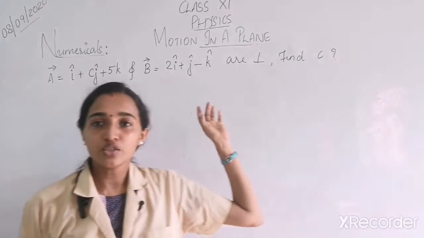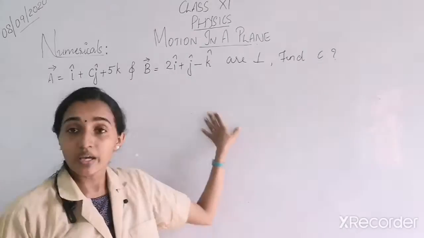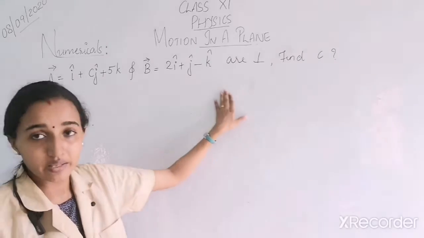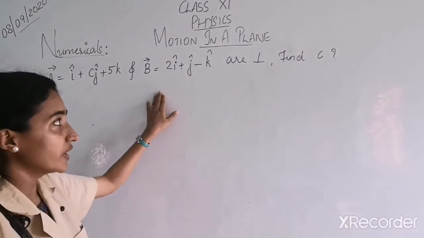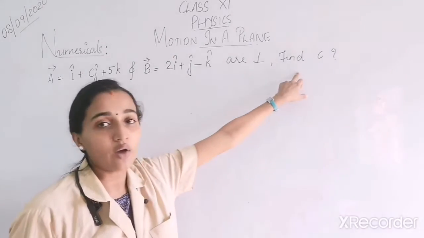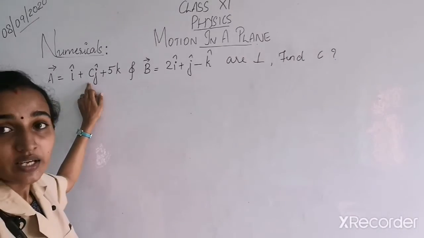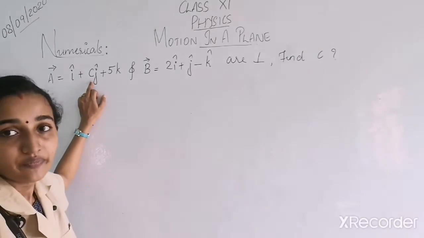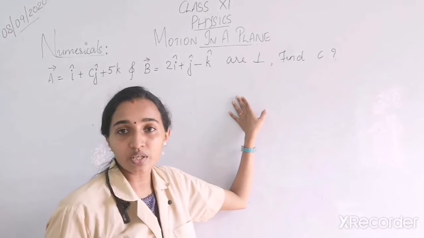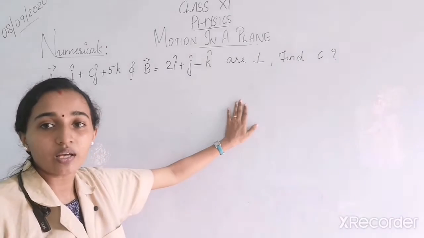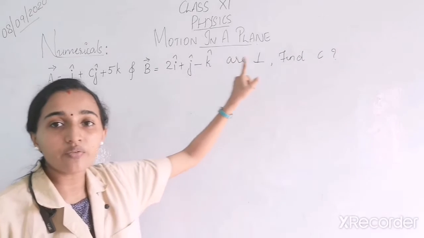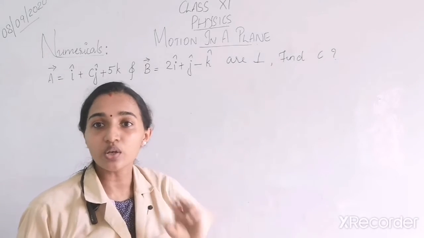Okay. Now the next set of questions you can get from your scalar product part is with your next property. Here two vectors are given and a condition is given: they are perpendicular. If so, you have to find the unknown factor, what is c. Now if two vectors are perpendicular to each other, what was the property for scalar product we have learned? The scalar product of two perpendicular vectors will be equal to 0, isn't it?